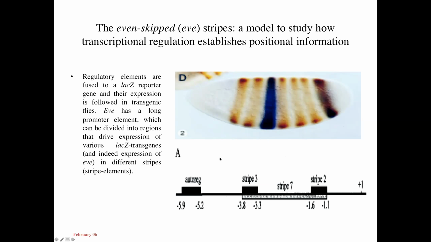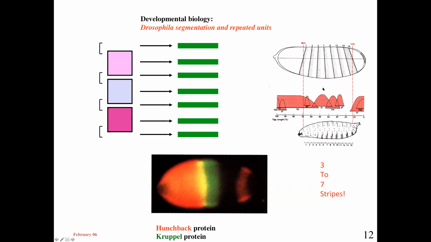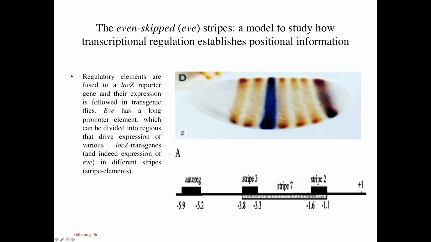How they appear as repeating units, I mentioned in my last class, but briefly here, you can see that there are all these different gap genes present, giant, Kruppel, Knirps, giant, Hunchback, and this array of gap gene expression is being read to result in the expression of even skipped as these 7 stripes.